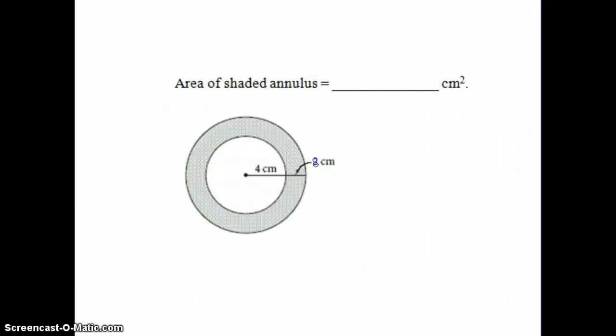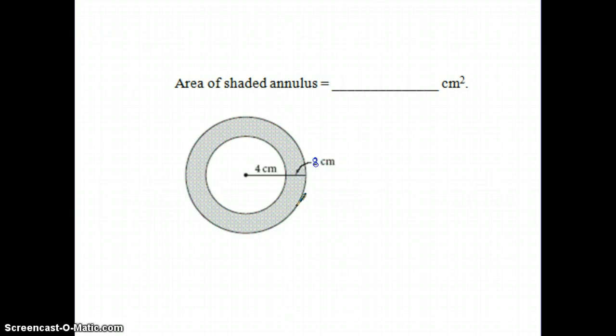In our next example, we have an annulus. An annulus is two circles, one inside the other. And if you can imagine, this kind of looks like a donut, and the center is being removed. And the way that we remove something is by subtraction. So I know that I have this larger circle.